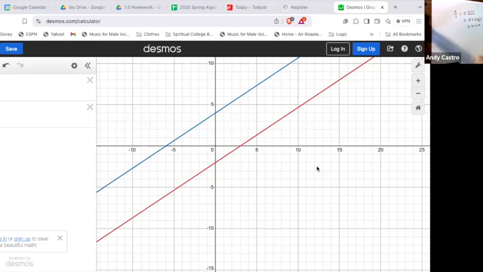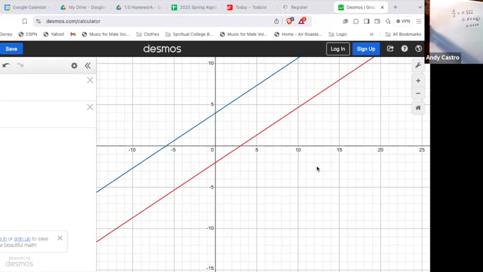So if we look at the equation of these two lines, and I'm also writing on my screen, so make sure you can see both. Parallel lines means that the slope from one equation is equal to the slope from another equation. So look at these two equations. y is equal to 2 over 3 x minus 2, and y is equal to 2 over 3 x plus 4.